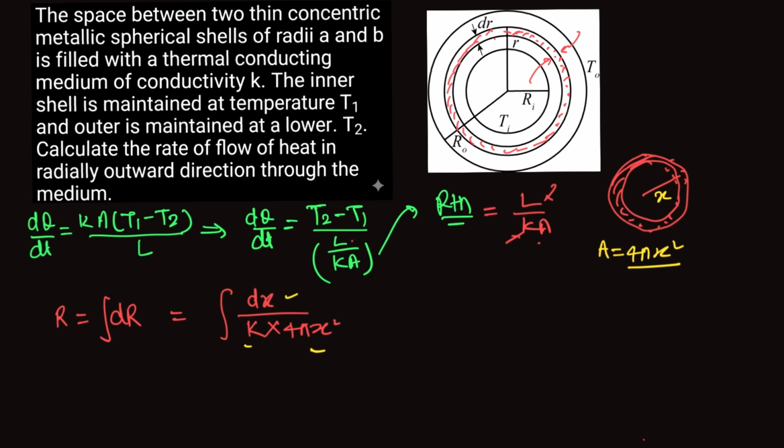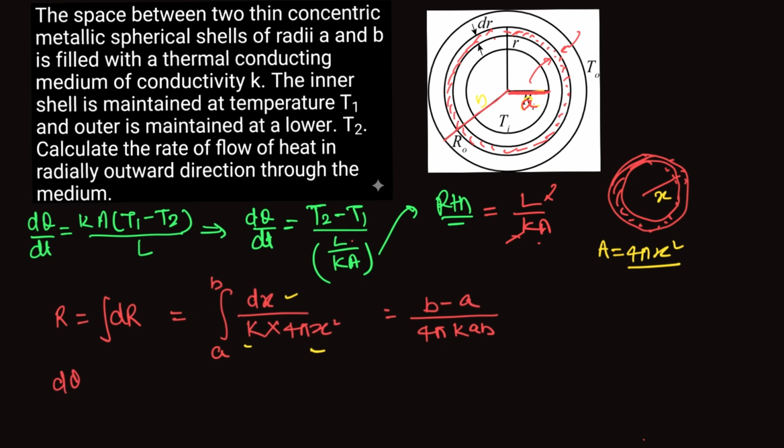Now I integrate this from a to b. The lower radius is a, and the upper radius is b. After integrating, I get (b minus a) divided by 4 pi K a b.